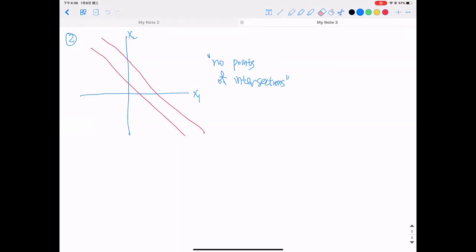But these two lines don't intersect, and that means there is no solution for both equations at the same time. So this is a situation where the system has no solution.